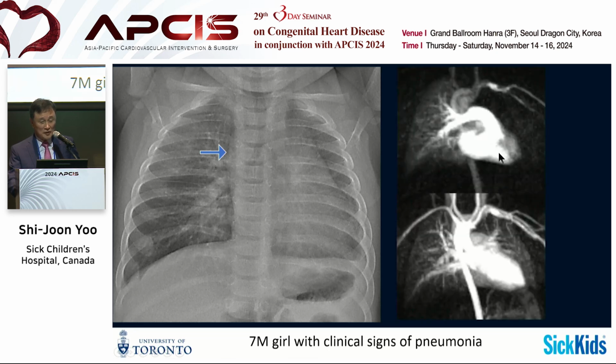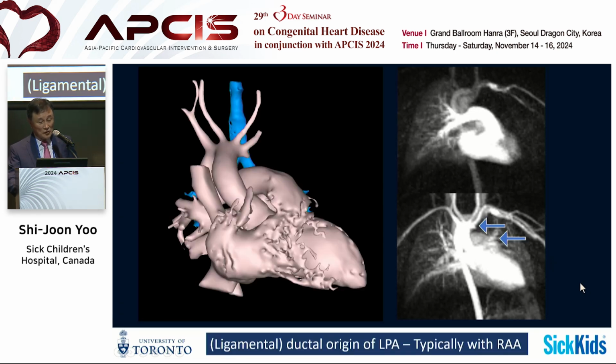So in angiography, MPA gives rise to the right pulmonary artery, but no left pulmonary artery. There is a right aortic arch, there is the diverticulum here, and there is a small pulmonary artery in the left lung at the hilum, which means that there is a ligamentum ductus arteriosus. So the diagnosis of this is ligamental ductal origin of LPA, typically in right aortic arch.